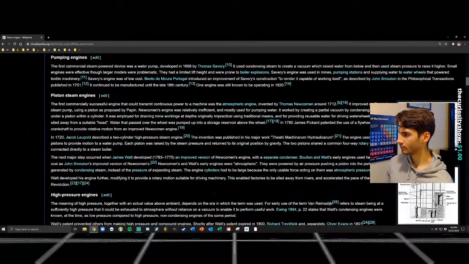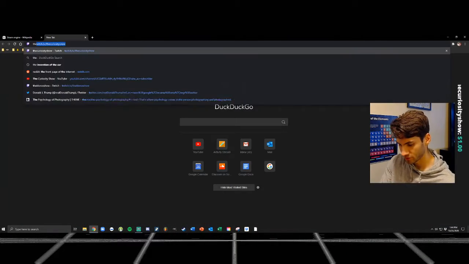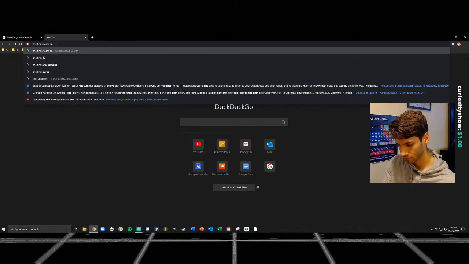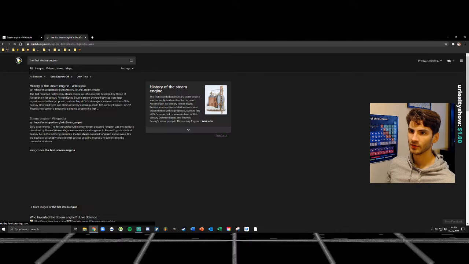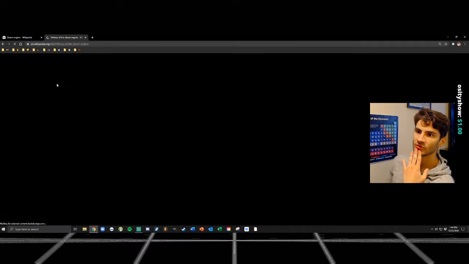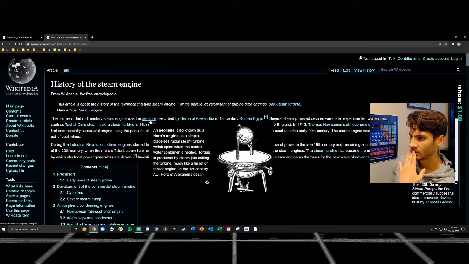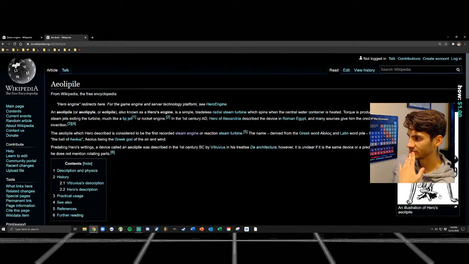Okay. I want to look up the first steam engine. You know what I'm saying? History of the steam engine. Okay, so it was the Aeolipile. I want to know how this works, because this looks like this was the first one.